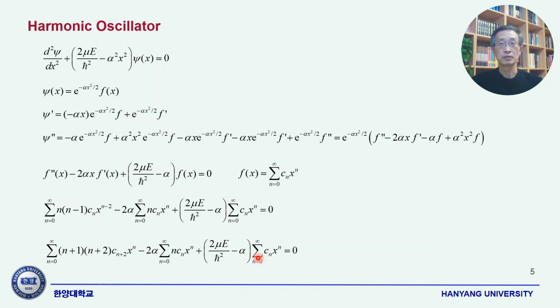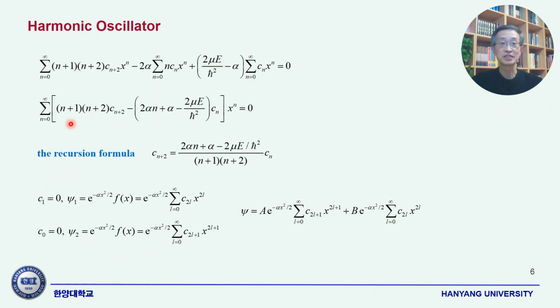Then you can put all coefficients together, and that coefficient is identically 0. Just like this. And from this coefficient, you can obtain the recursion formula. That recursion formula, c_(n+2) is equal to just this times c_n, which means that if you have c_1 equals 0, then c_3, c_5, all odd term coefficients are 0.